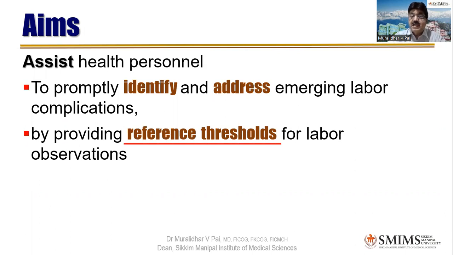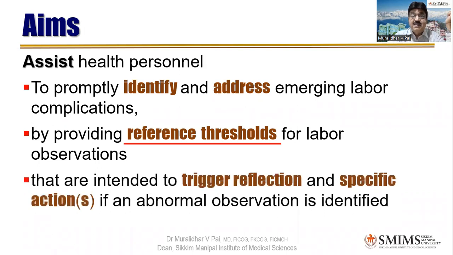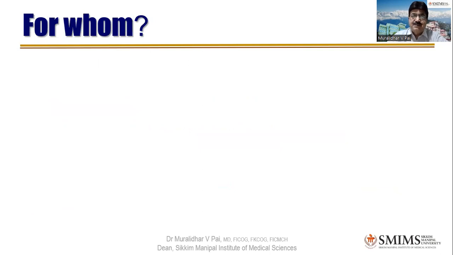Reference thresholds for labor observations. It is very beautifully given. I'm going very slowly because it has to be understood very clearly. And once you understand this, it becomes so easy for you and you will be able to handle it, answer it, and master it. They are intended to trigger reflection and specific action or actions if an abnormal observation is identified. So that is the aim of the labor care guide.